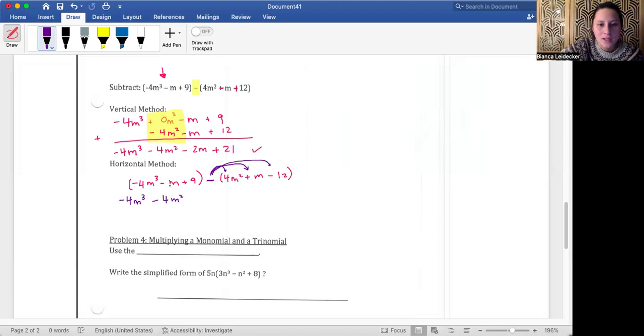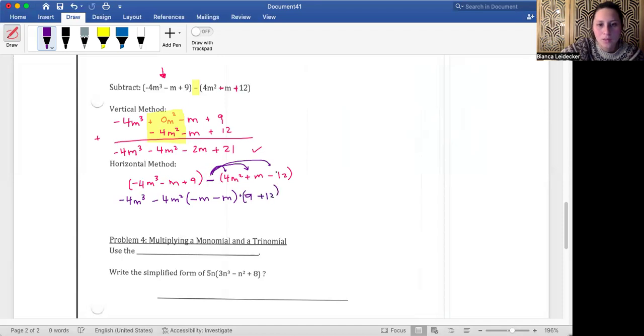And then I have this negative m minus m, and this 9 plus 12.